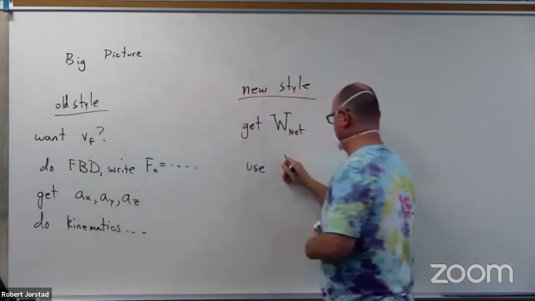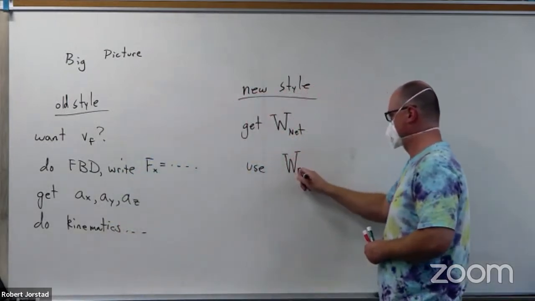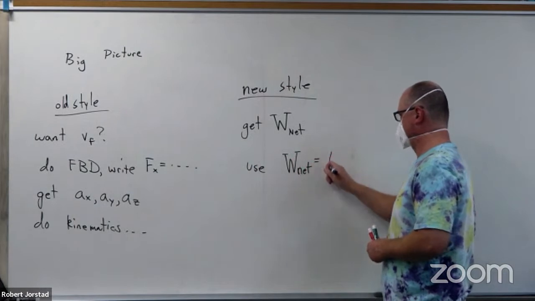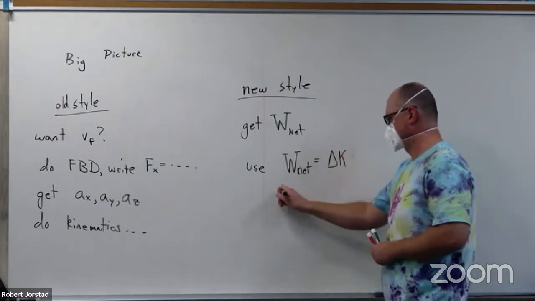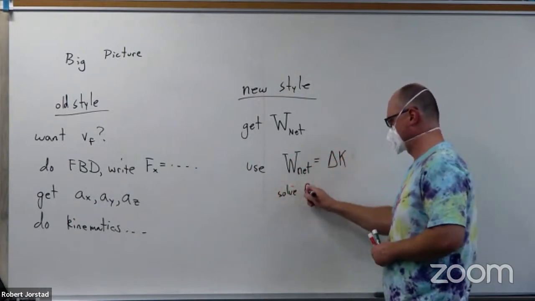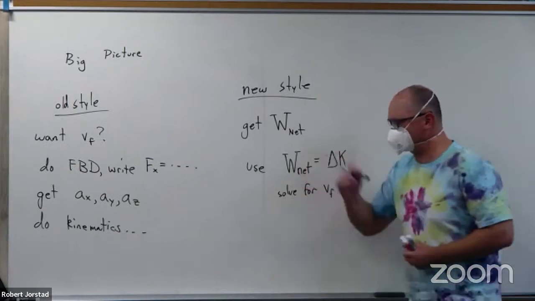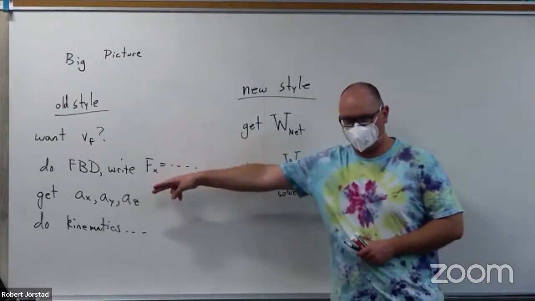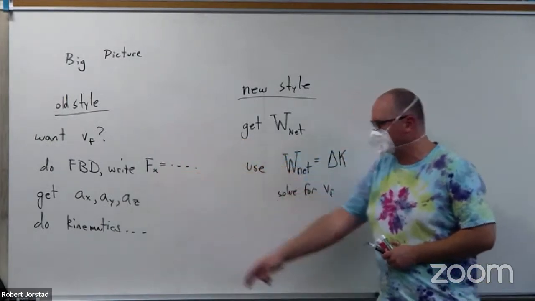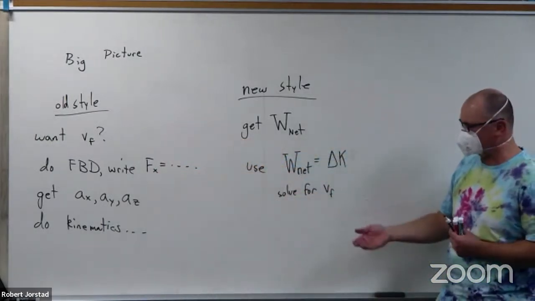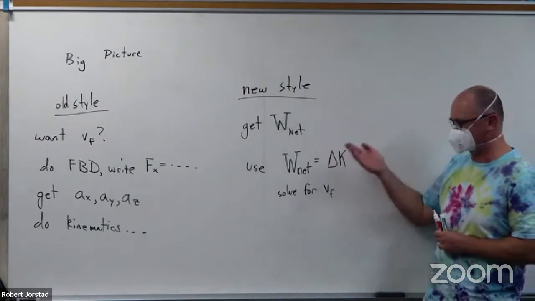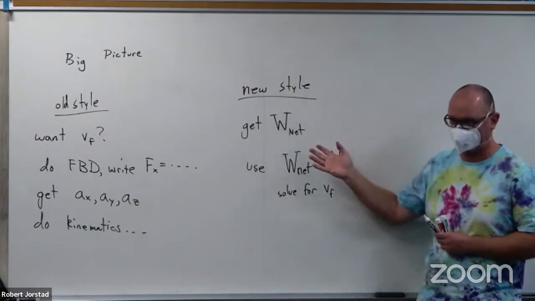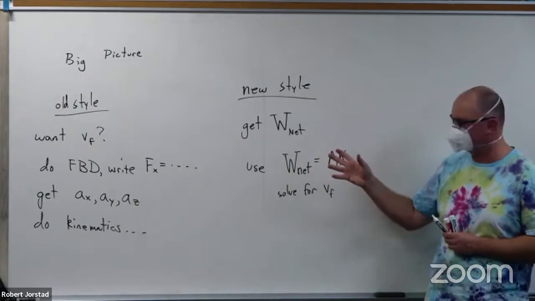It's just a little bit different. And to be fair, right now, you'd probably feel more comfortable doing this because you've done it a lot. But what is supposed to happen is we learn this new style and you realize there are some problems where this is so much faster. It's a new tool we're learning. Good?